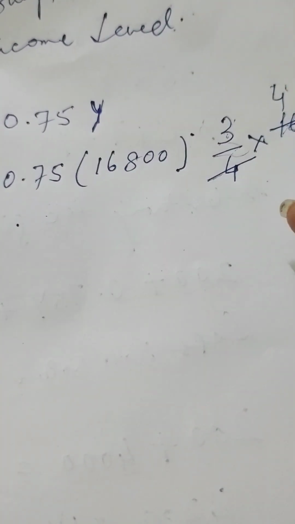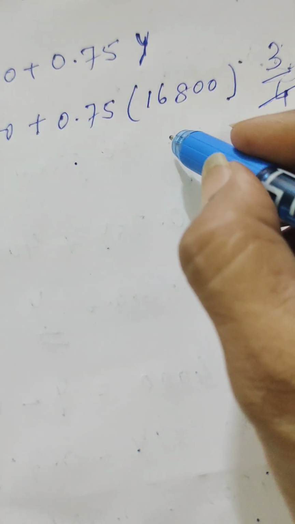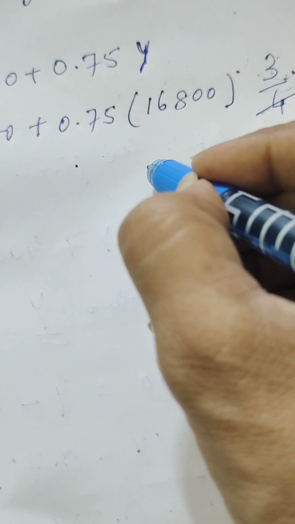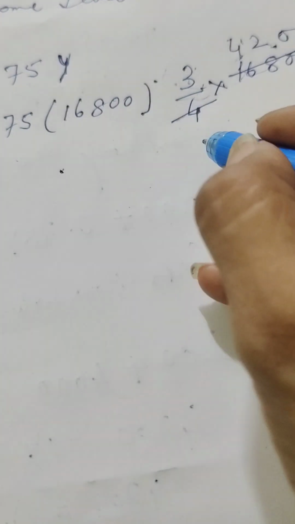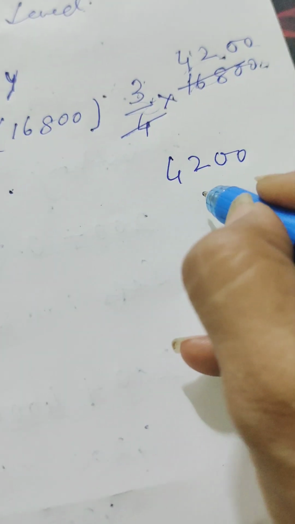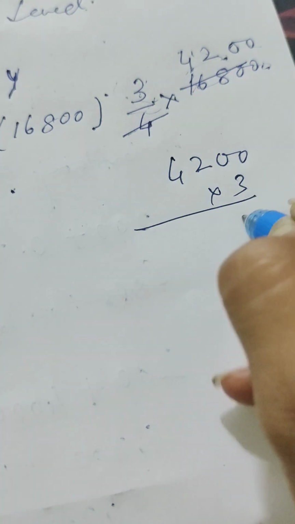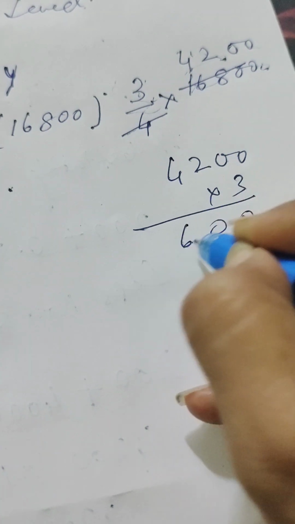So what is this? 4 4s are 16, 4 2s are 8, 0 0, and then what you do is 3 into 4,200. Okay, so what is that? Let me do it for you. 4,200 into 3: 3 2s are 6, 3 4s are 12.